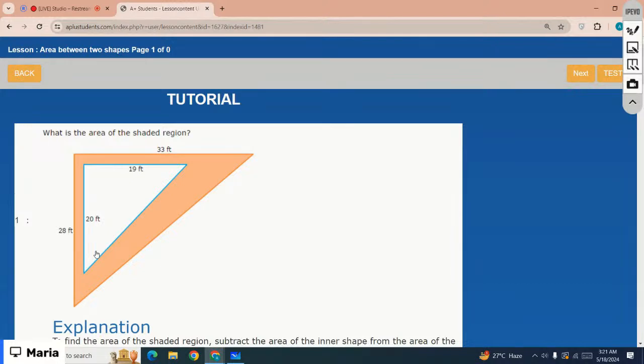What is the area of the shaded region, right? You have to calculate the area of the colored one. Like you can suppose you have a wall and inside the wall you have a window. You just have to calculate the area of the wall, not the window.